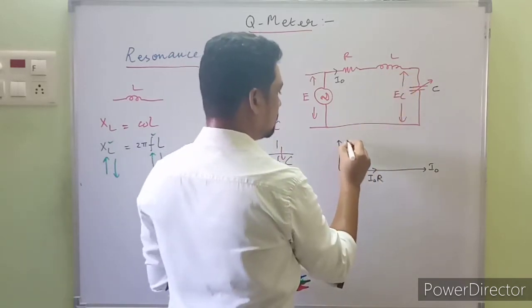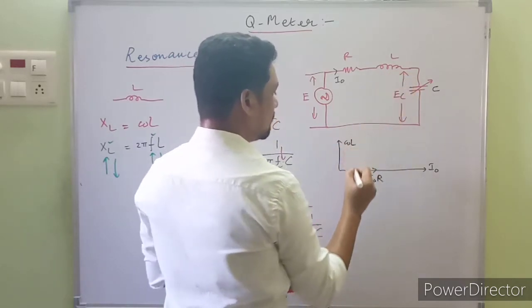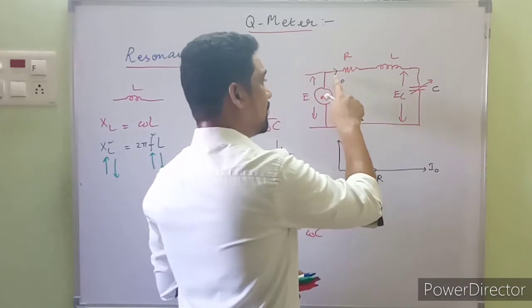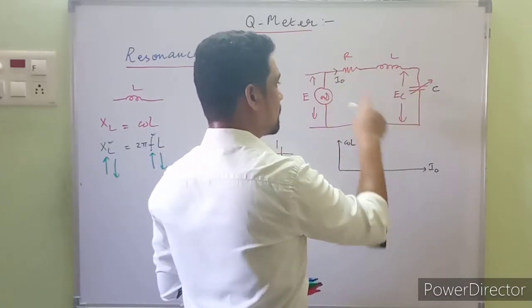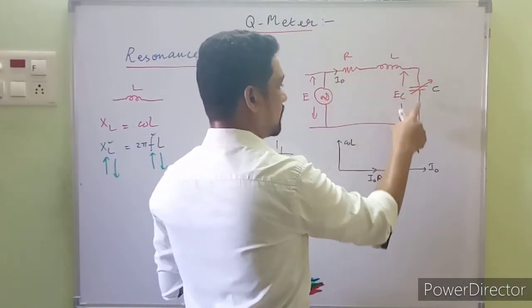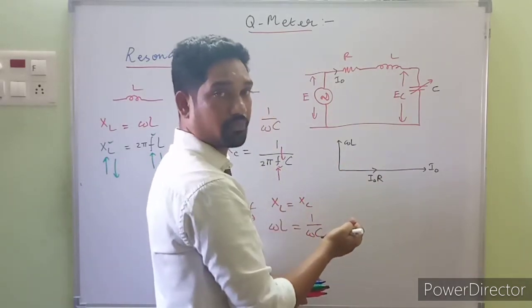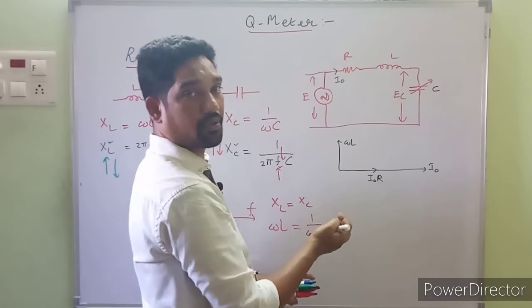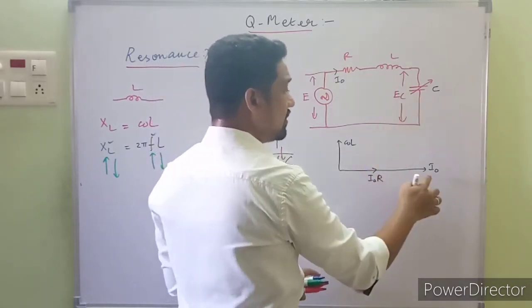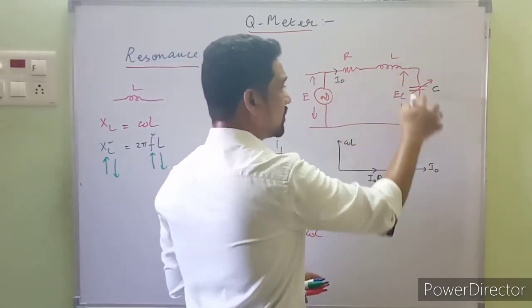It's omega L. On the other hand, the same I naught is flowing through the capacitor, like this. From the basic knowledge of a phasor diagram, the drop across the capacitor will be lagging behind the current passing through the capacitor.